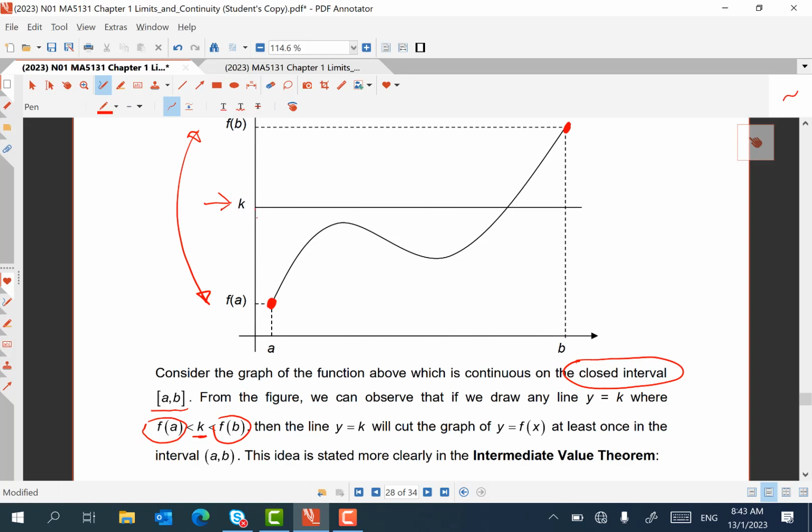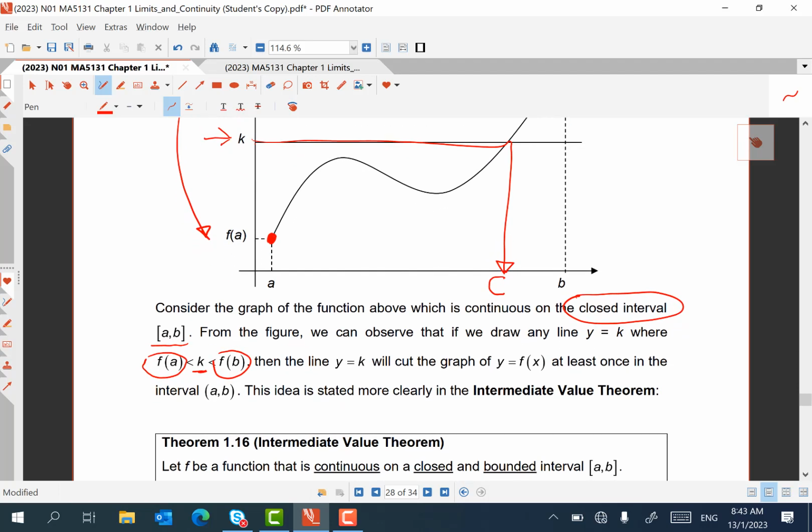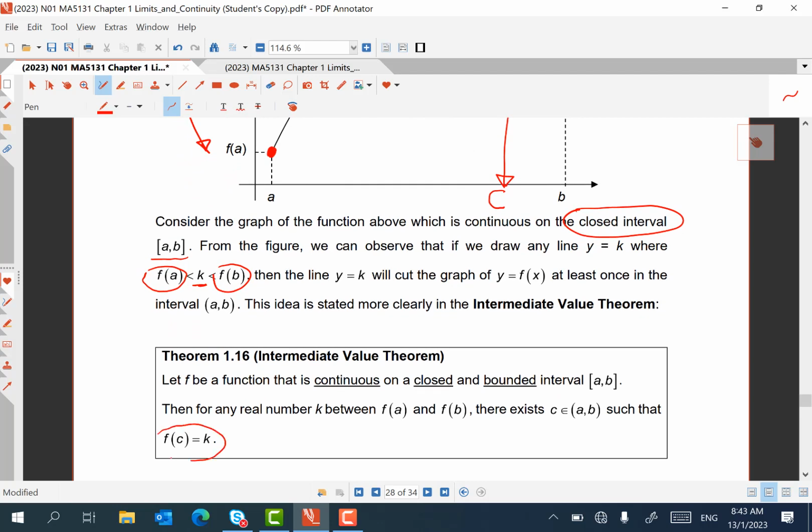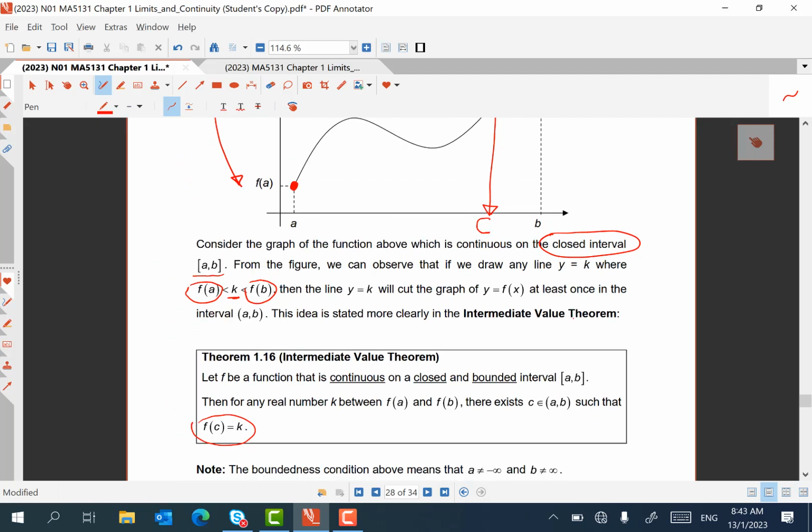What this theorem basically says is that you can always backtrack to a point c where f(c) is equal to k.